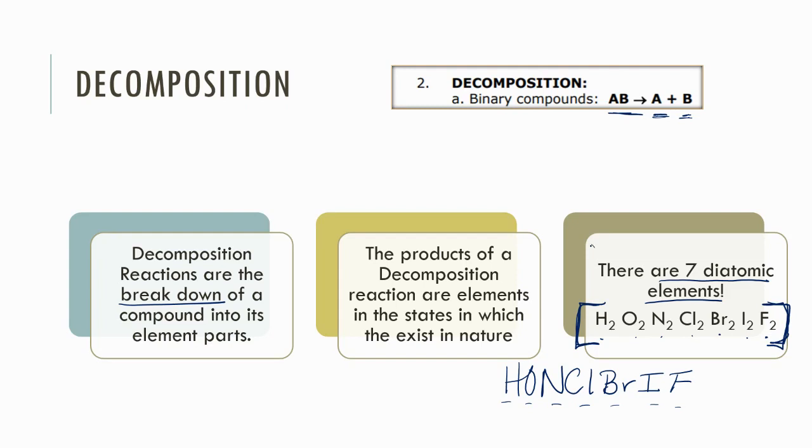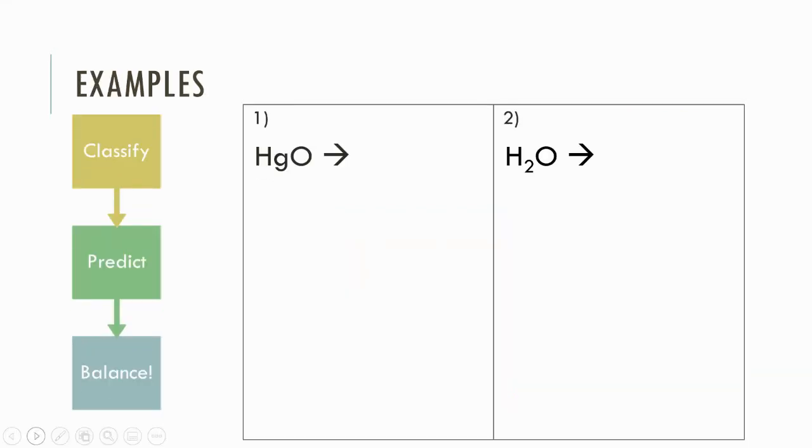Okay, so this is where things get tricky. When there are elements by themselves that are one of those 7, they have to have their little buddy. They come in pairs. So let's try some examples. Okay, so step 1 for every one of these problems is going to be to classify.